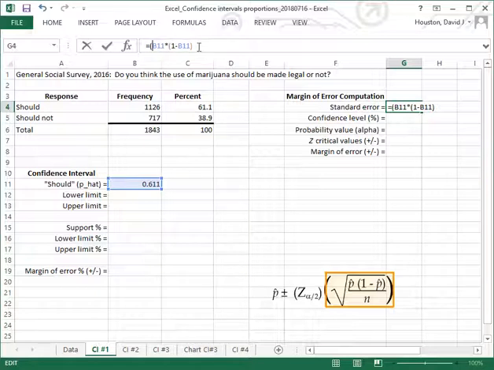I'll put those in brackets, since that is the numerator. And then we divide it by the total sample size and hit return.